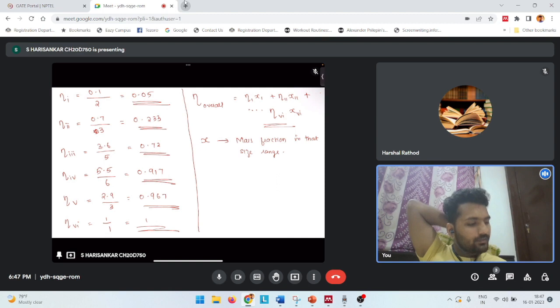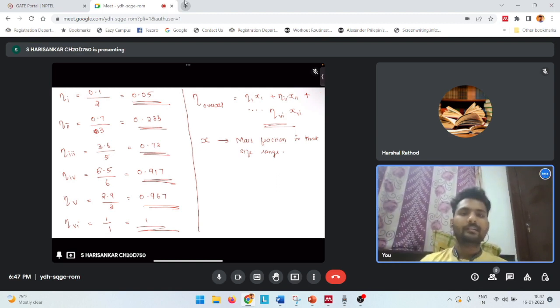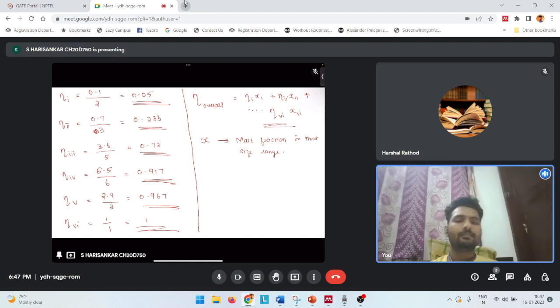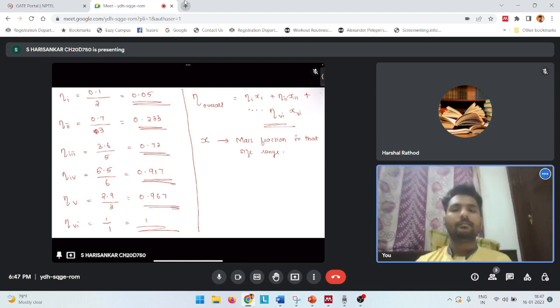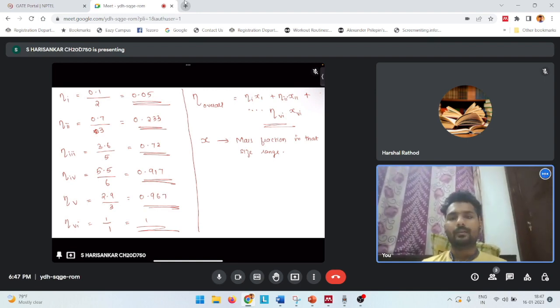So here in this equation, we have found the values for eta 1, eta 2 up to eta 6. Now we need to find the mass fraction of these particles from the size range 1 to 6.